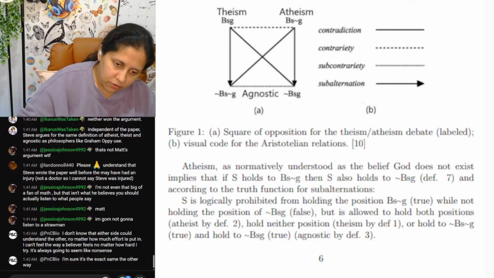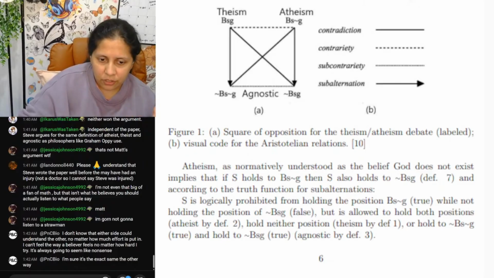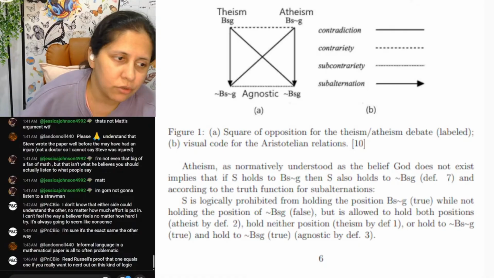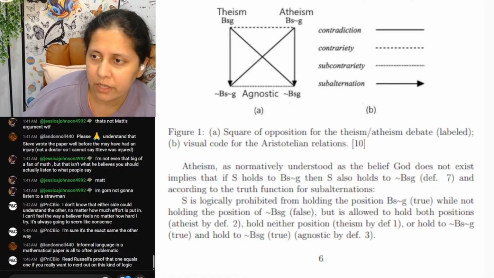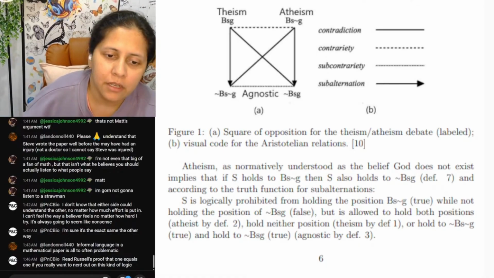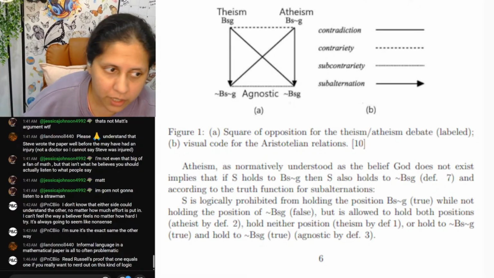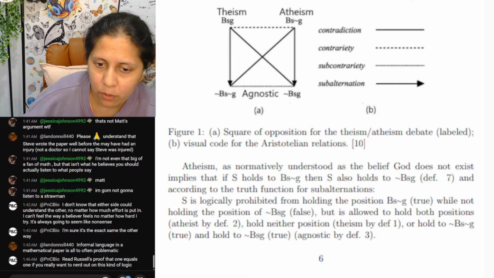It's not fatal to the argument, but it contributes to the sense that a formal model or presentation is being used for weight more than clarity. So this whole square thing is, you can say, kind of a map. It shows which positions exclude each other, which positions imply broader ones, and where agnosticism sits. But even if a map overlaps, it's not a proof that places on the map are identical.